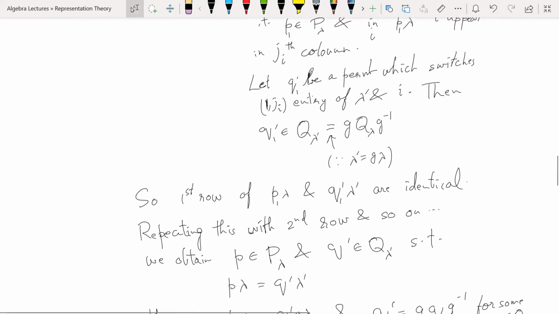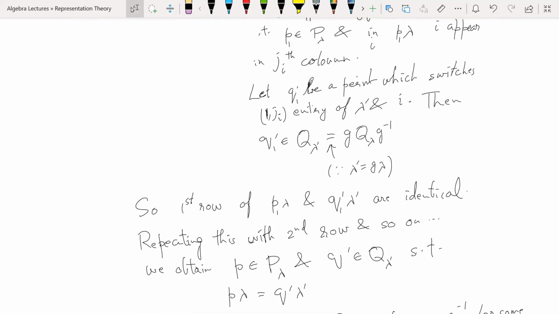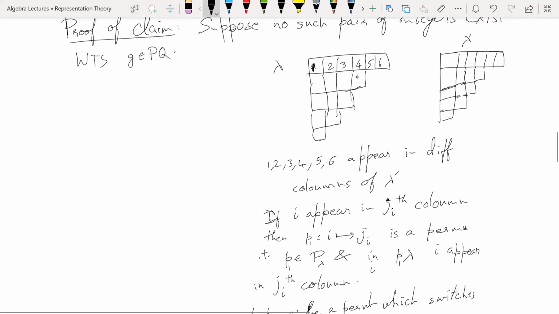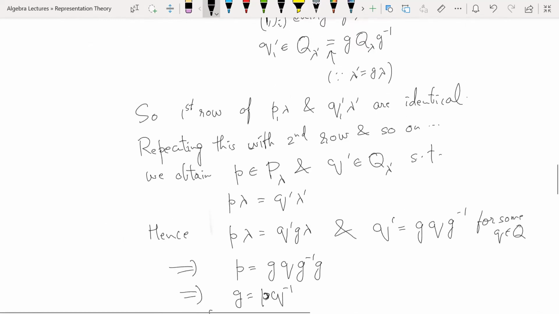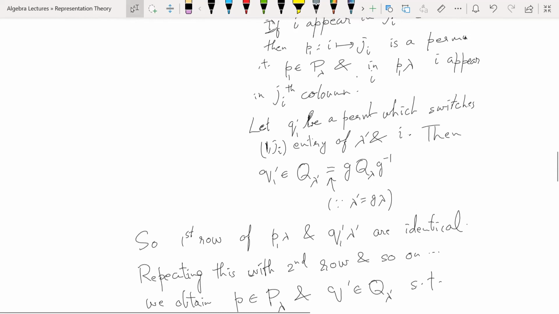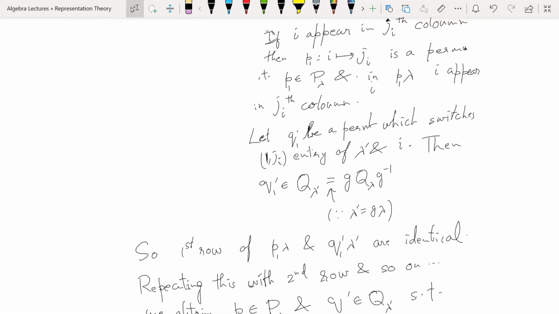And so now if you look at these two tableaus, P1 lambda had entries 1, 2, 3, 4, 5, 6, but they were rearranged to ensure that 1 is in the j_1 column, 2 is in the j_2 column, and so on. And if you consider Q1 prime lambda prime, both of them have the same first row.